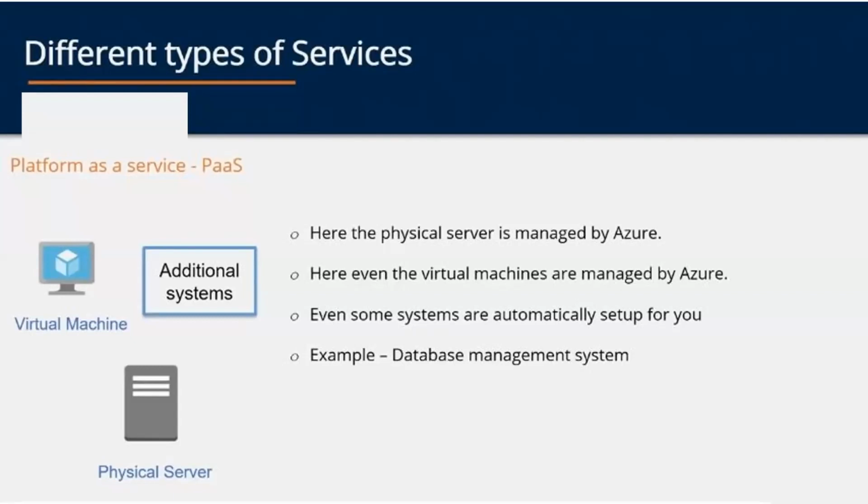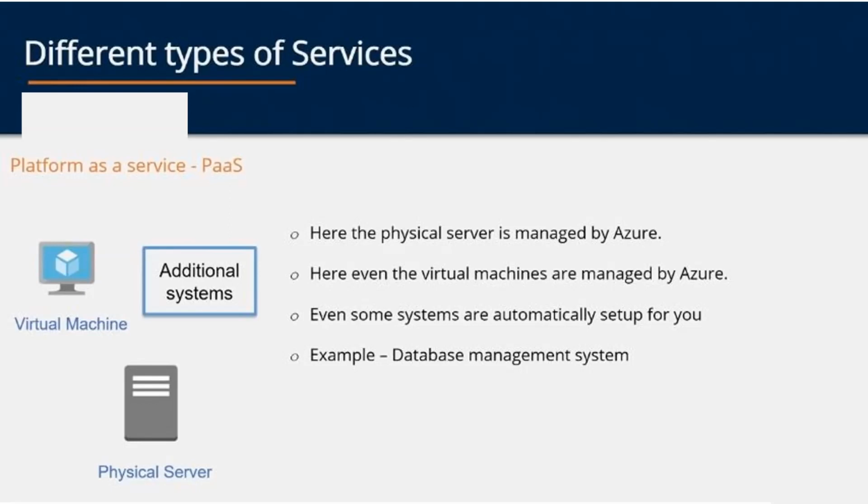Even the virtual machines are managed by the cloud provider. Some systems are automatically set up for us, for example, a database management system. In other words, if we were to take up something like a MySQL server or a Postgres SQL server, the physical server is provided and managed, and the virtual machine is also being taken care of by the cloud provider.